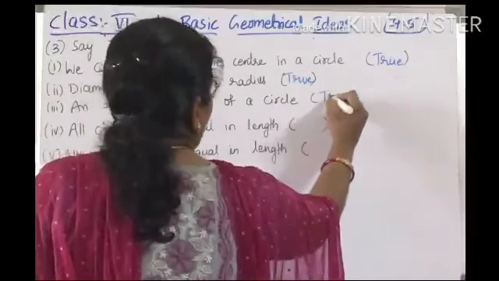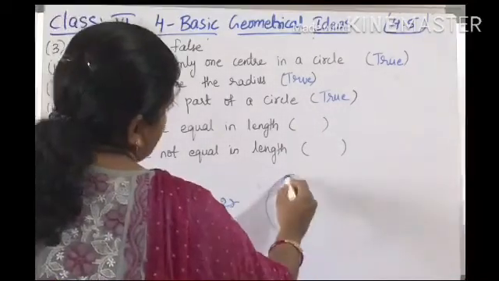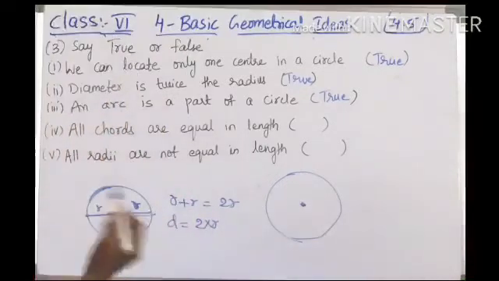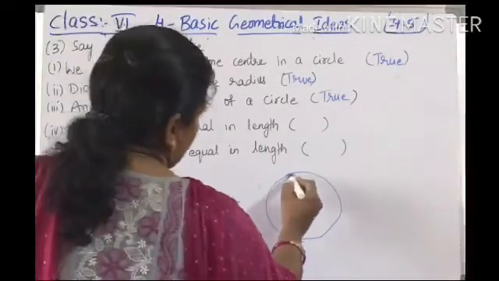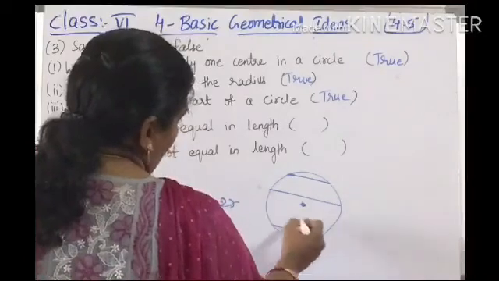Next, all chords are equal in length. All chords are equal in length means what? Is it equal? See, this is a circle. Chords are nothing but line segments joining any 2 points on the circle. So this is one chord, this is also a chord, and this is one chord.